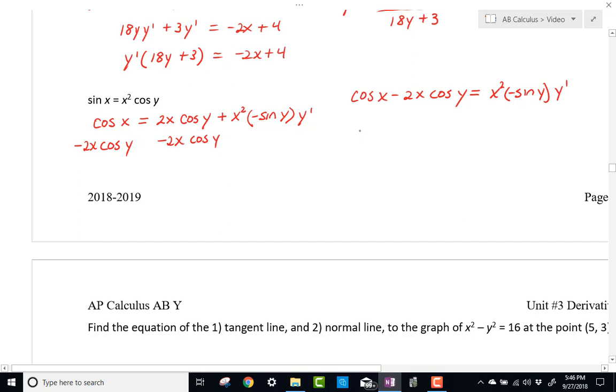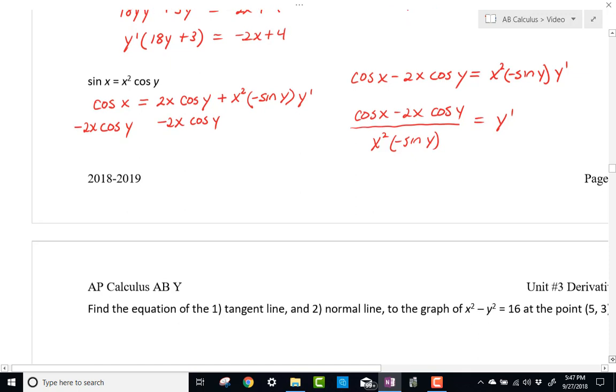So we're going to end up with cosine of x minus 2x cosine of y, divided by x squared times negative sine y, and that's going to equal y prime. All right, don't need to simplify anymore.